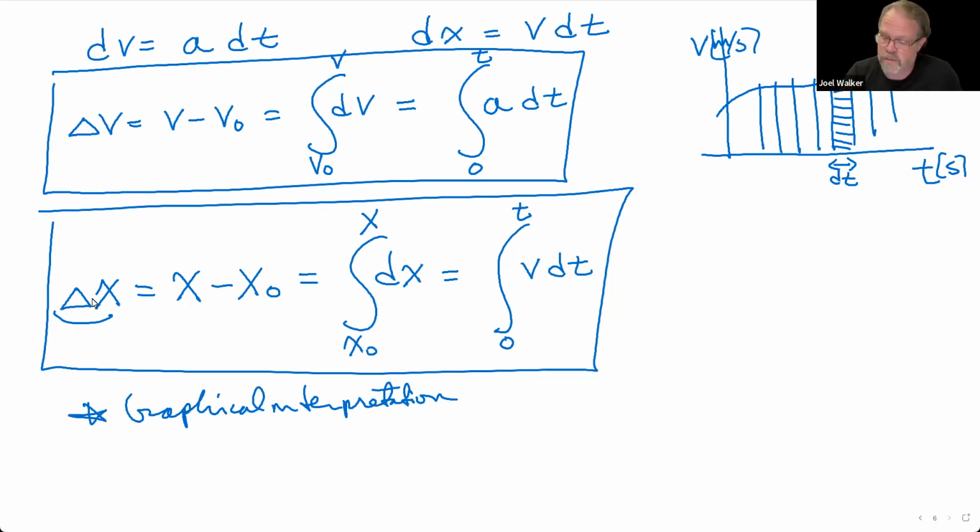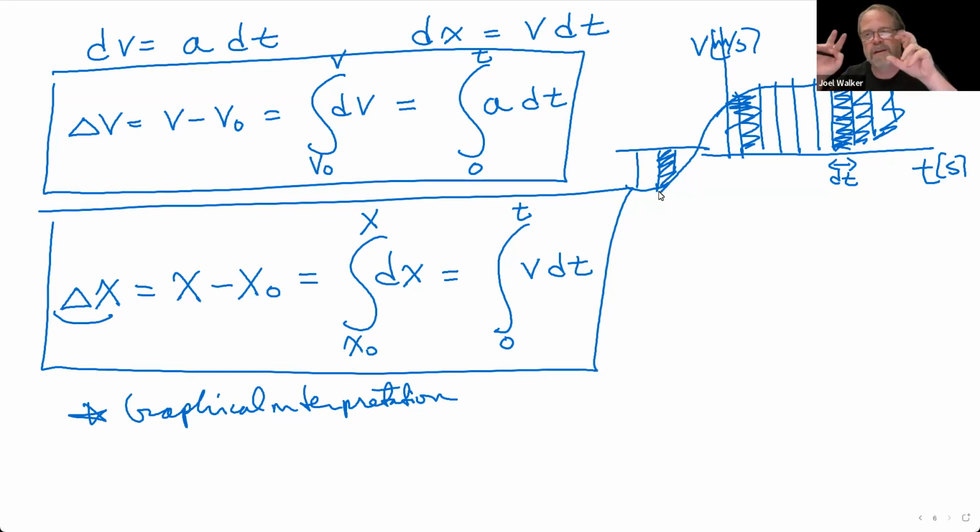Velocity times little step in time, that little bit of area is a distance traveled. That's another little distance traveled. That's another little distance traveled. If the velocity is higher, in that tick of the clock, you travel a greater distance. If the velocity is lower in that tick of the clock, you get a smaller area and you travel a smaller distance. If the velocity is negative, then in that tick of the clock, you have the area under the curve below the axis.